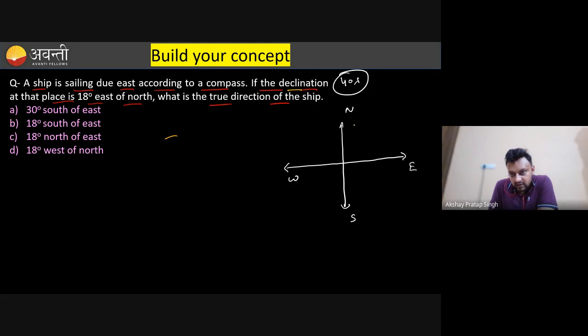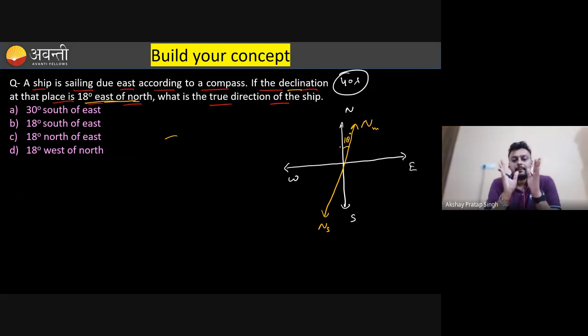If I draw 18-degree east of north, it will be something like that. So according to the compass, this is the north direction, and this is definitely going to be the south direction. I hope this is clear, and this angle is given as 18 degrees. Can you see that this is 18-degree east of north?